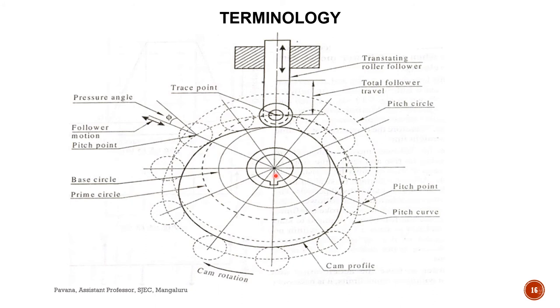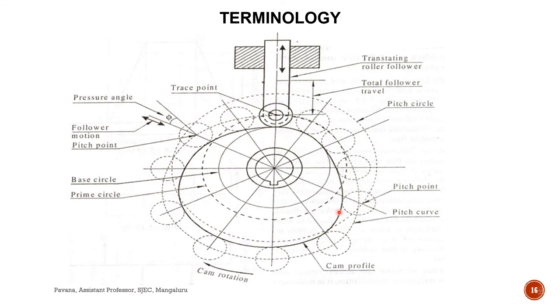For a knife edge follower, flat faced follower and spherical follower, the prime circle and base circle are both the same. Whereas for a roller follower, the prime circle depends on the radius of the roller: the base circle plus the radius of the roller gives the radius of the prime circle.